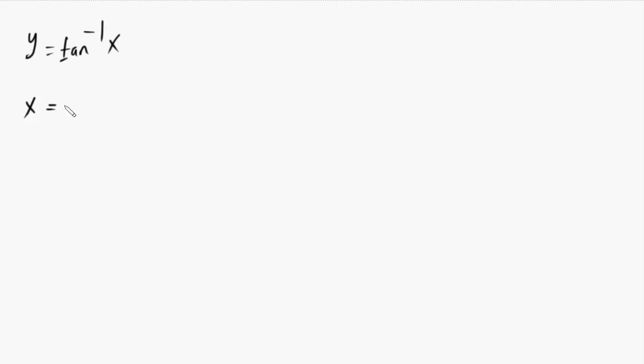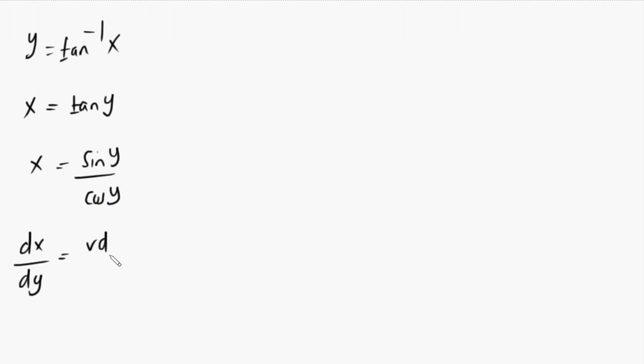So x is just going to be equal to tan of y. So this simply means x is equal to sine of y over cos of y. So this is like a quotient of functions. So I'm going to use the quotient rule to find dx dy.